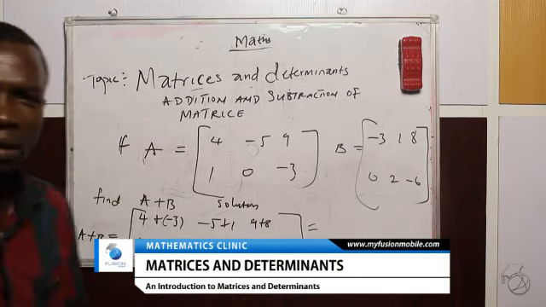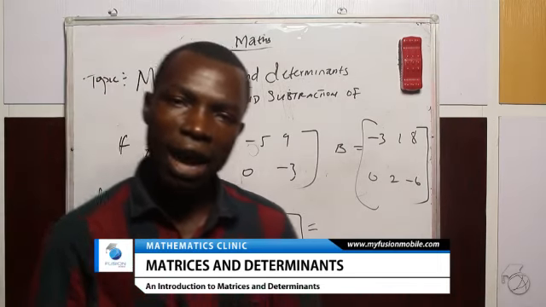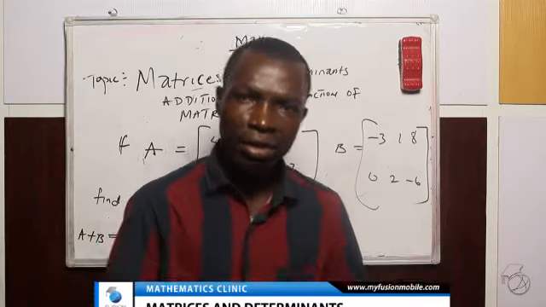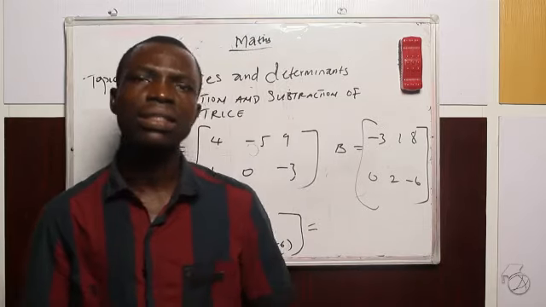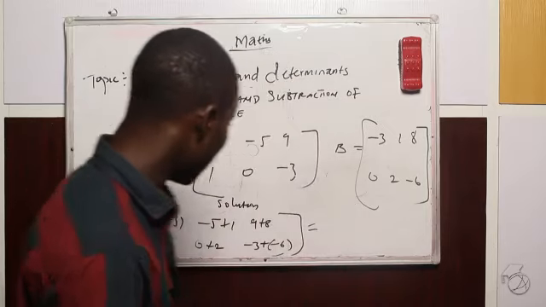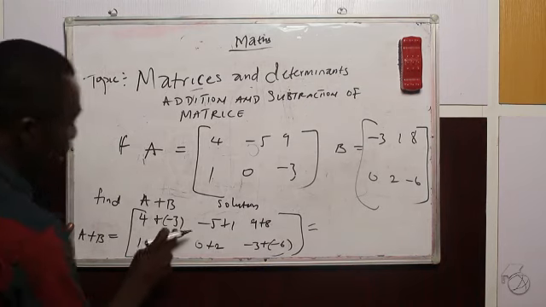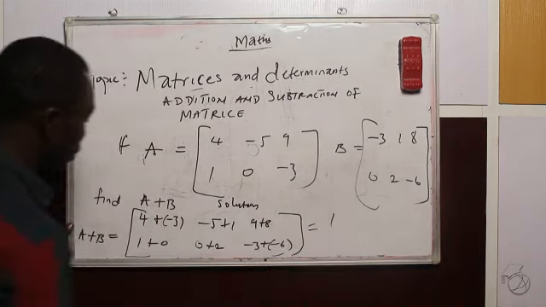Remember that signs affect our answer. Remember the signs we learned in junior secondary school: plus times minus turns to minus. Therefore, 4 minus 3 will give us 1.